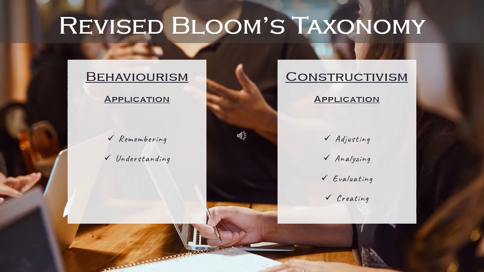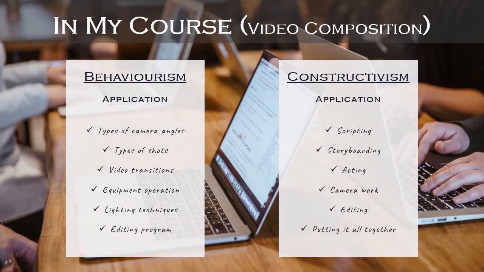So I figured that behaviorism is best for remembering and understanding, whereas constructivism is best for applying, analyzing, evaluating, and creating. So then I went and tried to decide what kind of information do I have within my course that corresponds to these levels of revised Bloom's taxonomy.